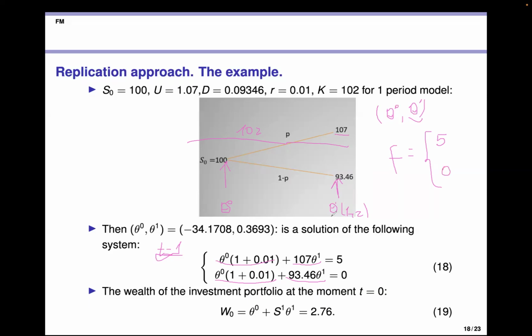So if you create the portfolio, at the end of the period you have money in this amount in the up scenario and this amount in the down scenario. But if I don't have a portfolio but have a call option with strike price 102, at the end of the period I have either 5 or 0.